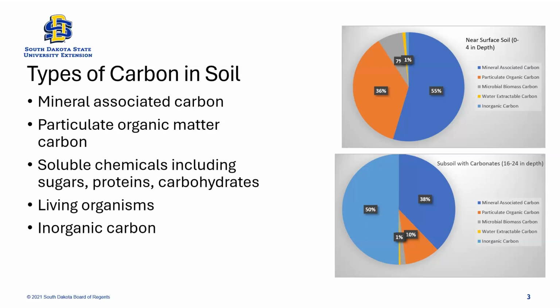And in the subsurface soil, such as I'm going to talk about later in this presentation, about half the carbon in the 16 to 24 inch depth of the soil is carbonates or inorganic carbon. And there's less of the other forms of carbon in the soil.